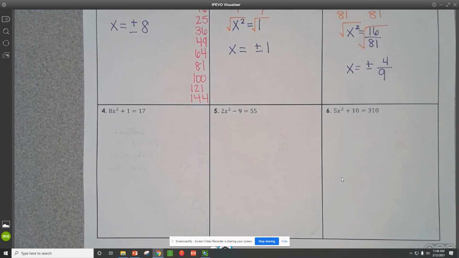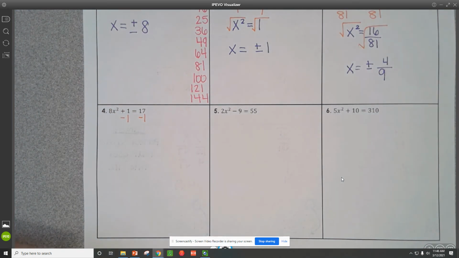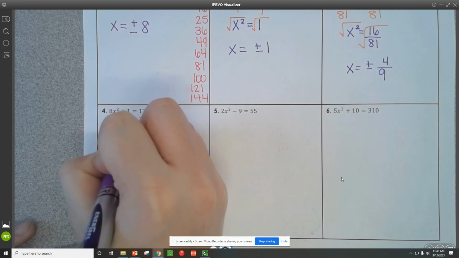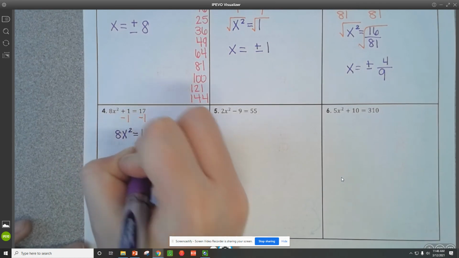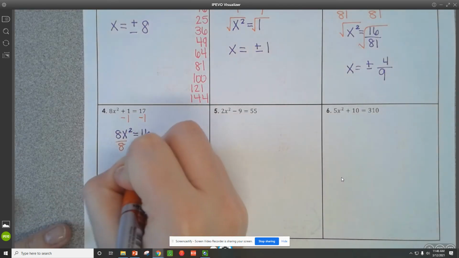Number 4, we subtract 1. That leaves us with 8x squared equals 16. And then we divide by 8.